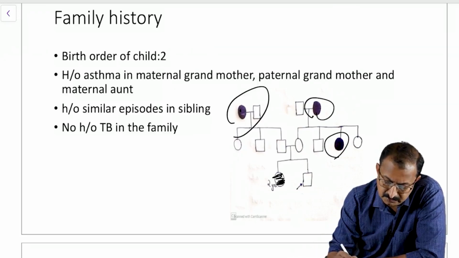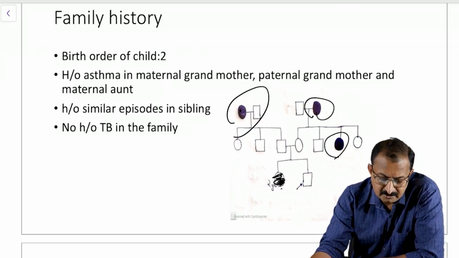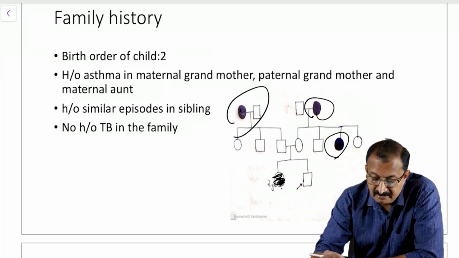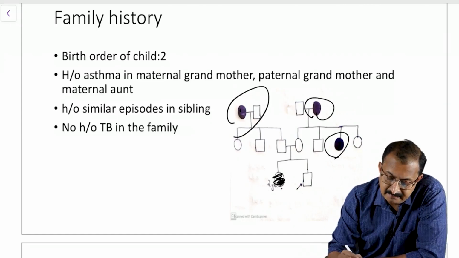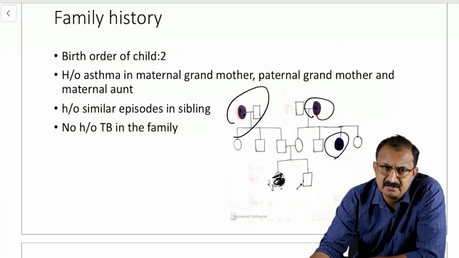So here also you have to know the history of tuberculosis in the family. And in the family tree or pedigree, if you shade a particular condition, here it is asthma, that means it is an inherited or a genetic problem.